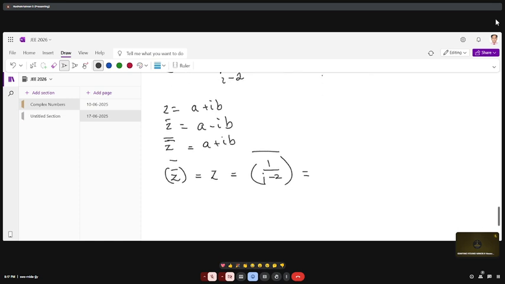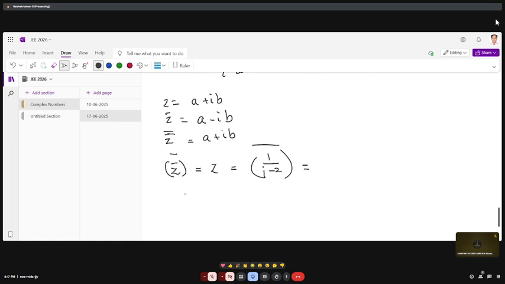We have to use the properties of conjugate. One way is to convert 1 by I minus 2 into a plus ib form and then write the conjugate as a minus ib. But here we can do it even more easily.